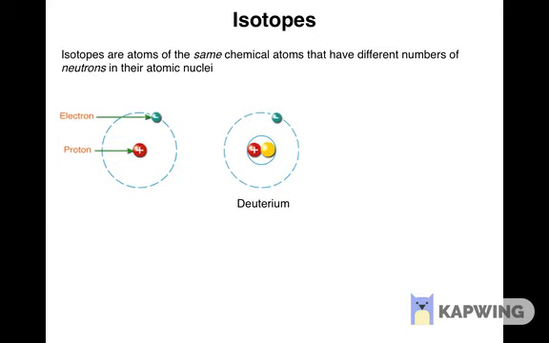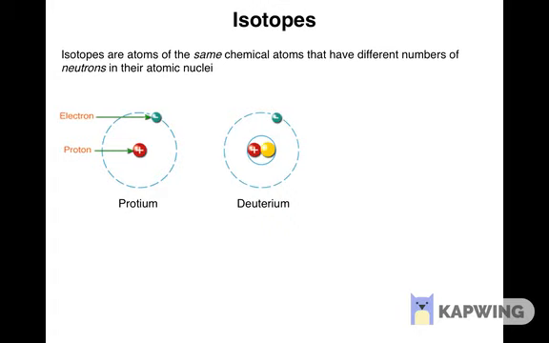This variety of hydrogen atoms, called deuterium, is about twice as heavy as regular hydrogen, called protium. However, it is still the same chemical element, hydrogen, because it also has only one proton in its nucleus.